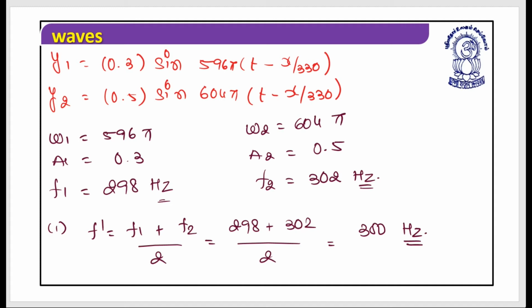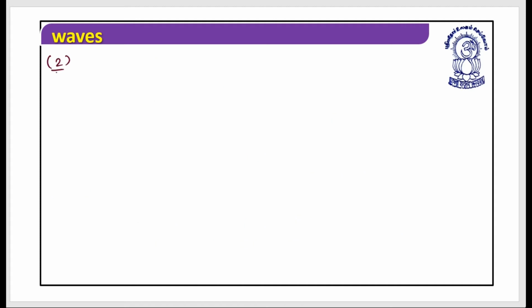Next, it is the frequency at which the resulting amplitude varies. So basically f dash is equal to f1 minus f2 divided by 2.